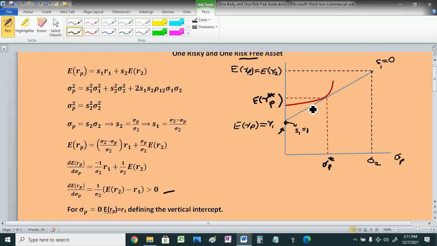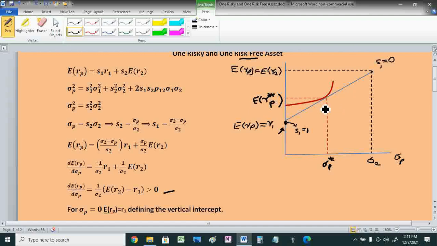Along this portfolio again the tangency condition must be satisfied for the risk-averse person, so that the marginal rate of substitution between expected rate of return on portfolio and standard deviation of portfolio is equal to the marginal rate of transformation between expected rate of return on portfolio and standard deviation of portfolio.